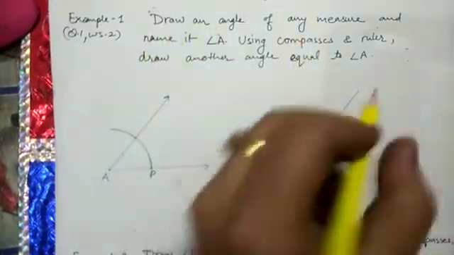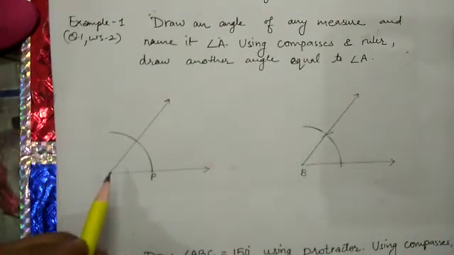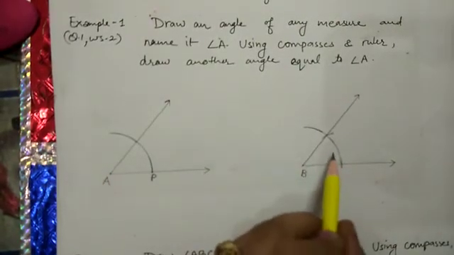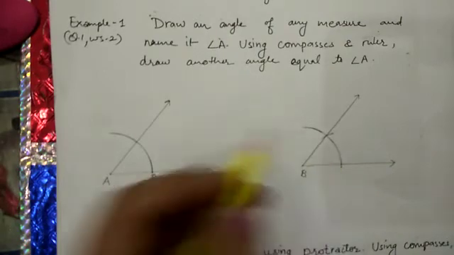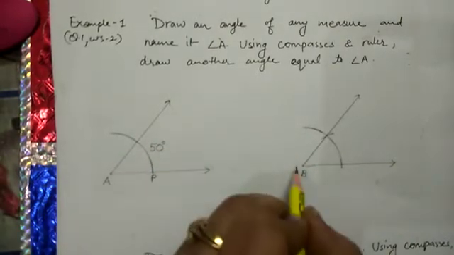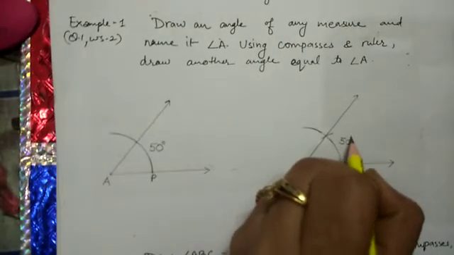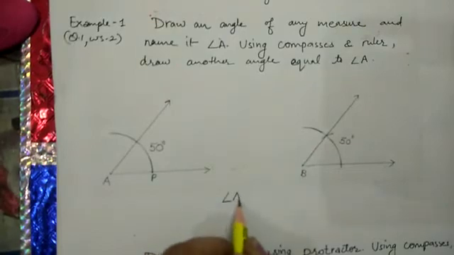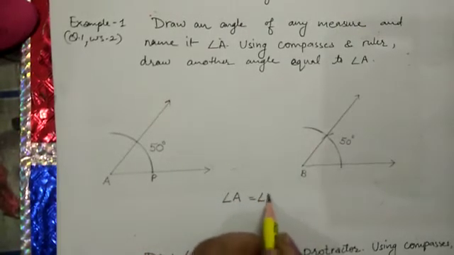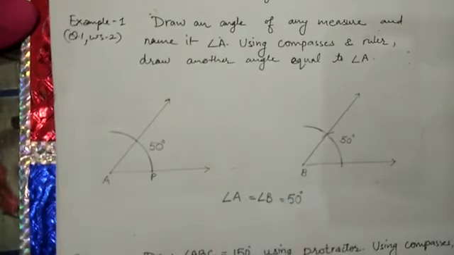It means we have constructed an angle equal to angle A. Whatever was the measure of angle A, the same measure we have got of angle B. And at the end we will write angle A equals angle B equals 50 degrees.